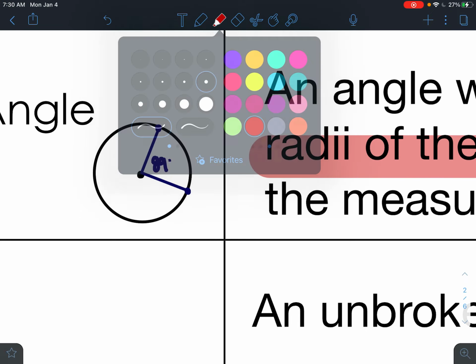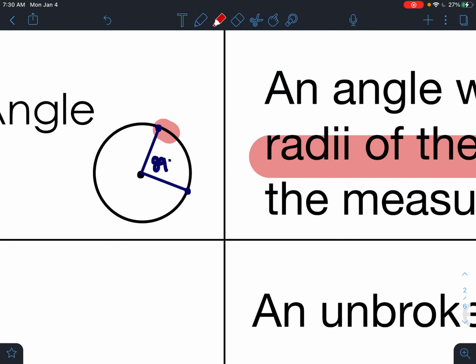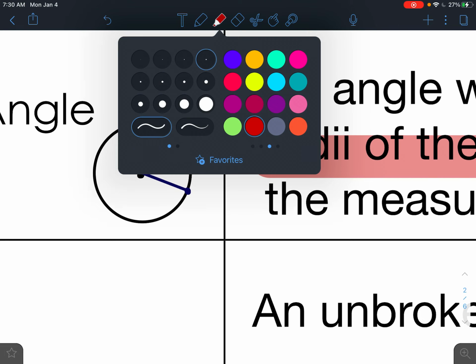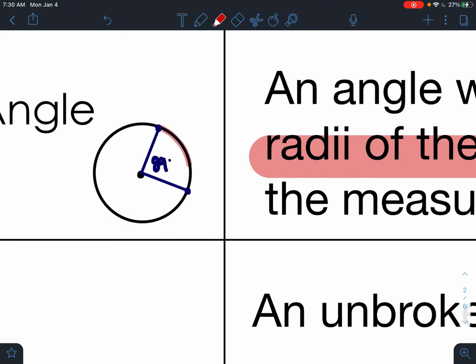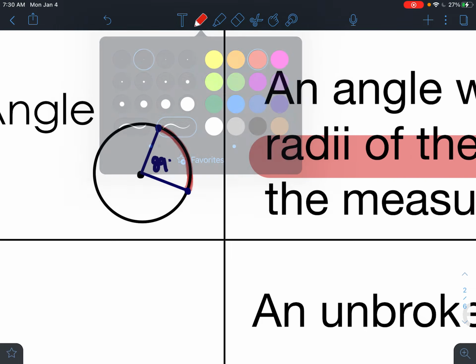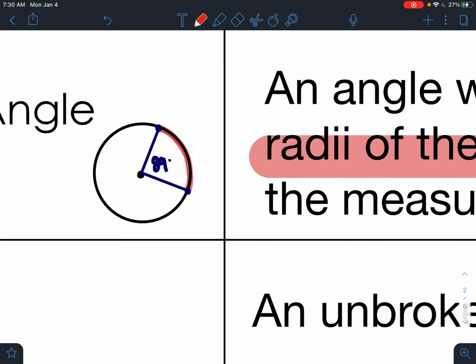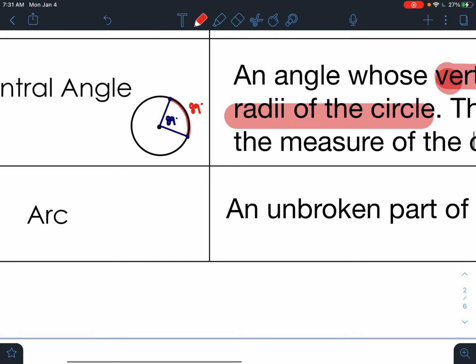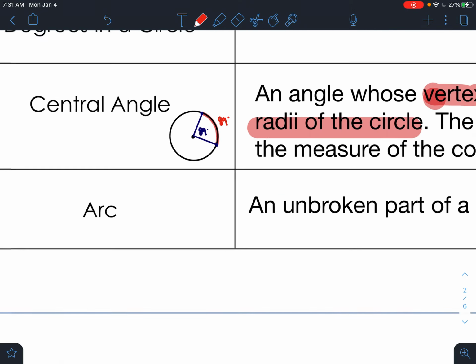Actually, I'm going to highlight it. So I'm looking at this arc that it creates, and those are going to match. I know I haven't talked about arcs yet, but if that angle is 89 degrees, then this arc also equals 89 degrees. So that's just something to keep in mind.